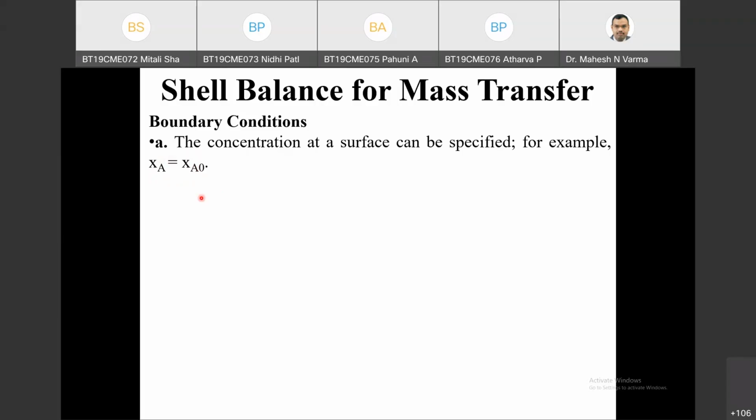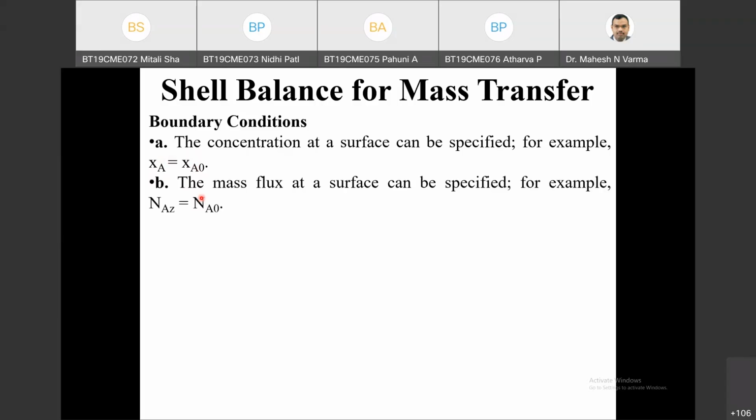Mole fraction x_A will be given, or C_A will be given. C_A is as good as x_A. So x_A will be given at a surface. This is the first type of boundary condition.